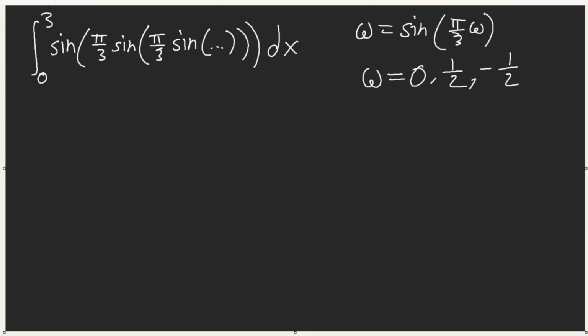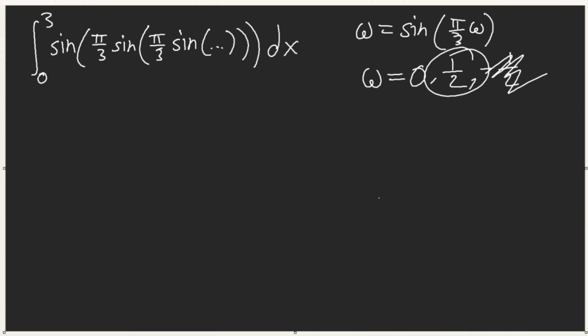However, since our domain is from 0 to 3, our bounds are from 0 to 3, I don't think we have to worry about this. It's most likely this positive bound here, right? Otherwise, it wouldn't make sense to have a negative.